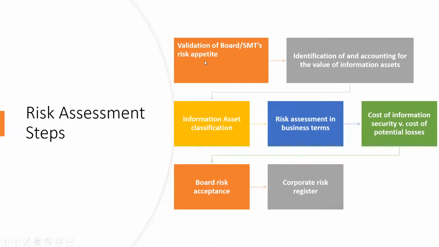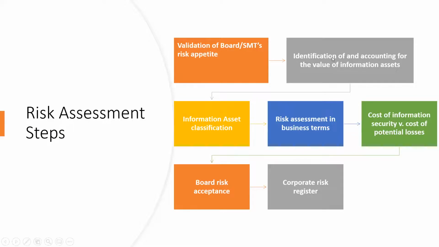If a risk is within tolerance or within the appetite of the board, we simply document that risk. We document that risk so that everyone's aware of the risk, and just in case the board's risk appetite changes in future, we document the risk.